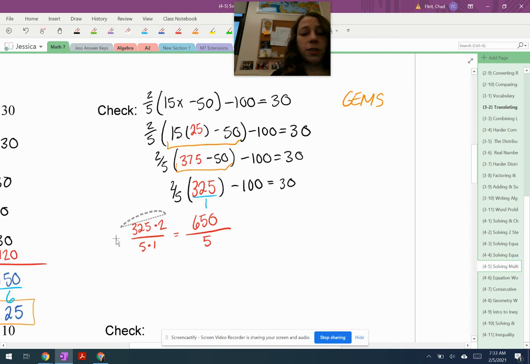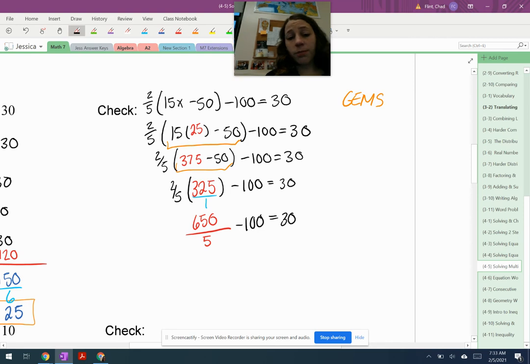I'm going to erase this because I don't want to confuse anyone. And then again, just carrying down my minus 100 equals 30.